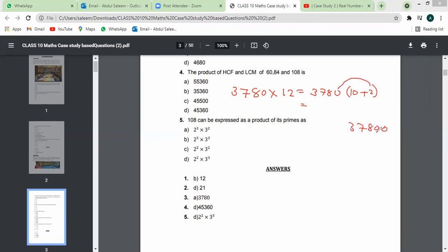If you multiply 3780 with 2, we get 7560. Adding these together, we get 45,360. 45,360 is the product of HCF and LCM.